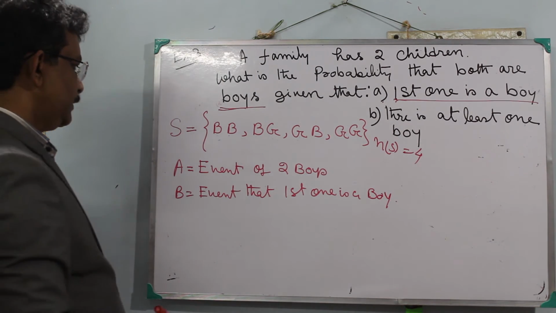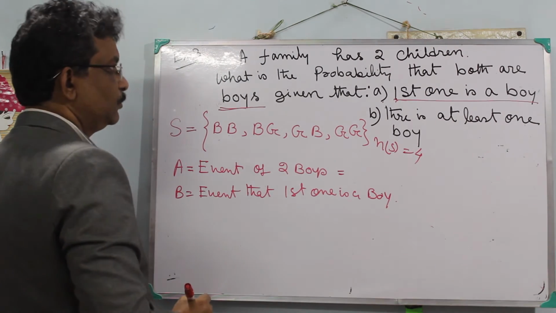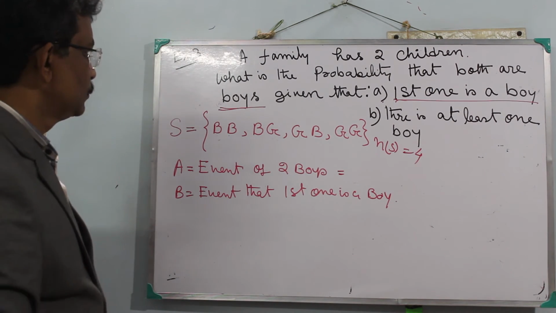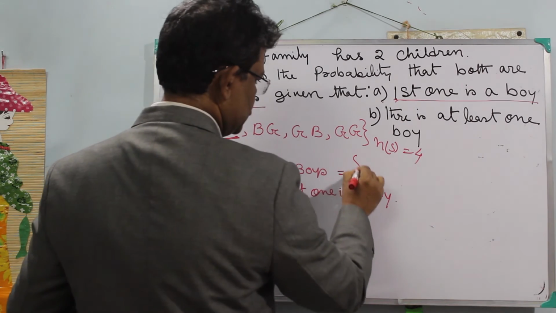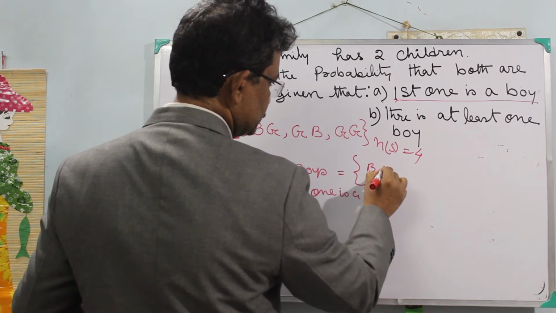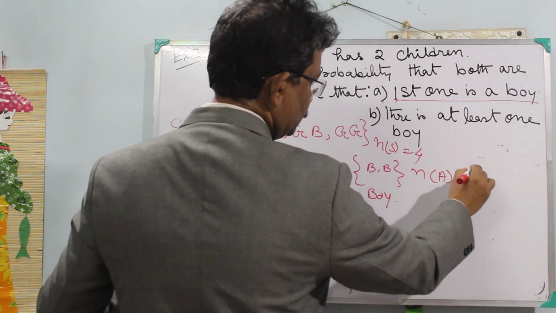Now, what is the number of elements in the event two boys? For two boys, there is only one possibility: BB, both are boys. So n(A) equals 1.